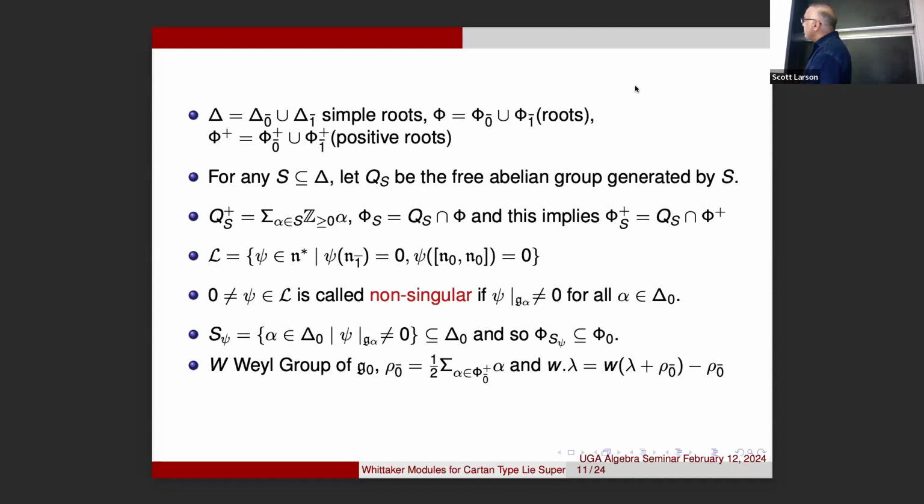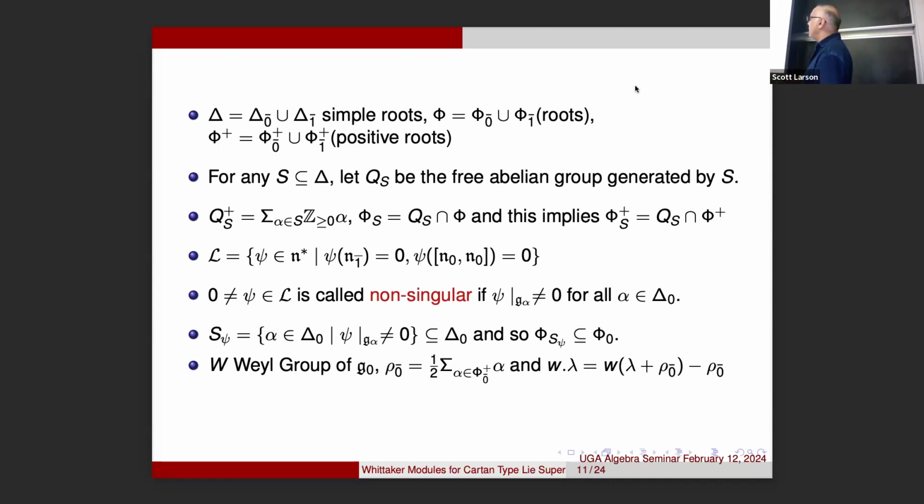And then we will look at phi sub S psi. Phi sub S is the free abelian group generated by S psi, and I look at the roots inside this space, phi intersected with the free abelian group generated by S psi.